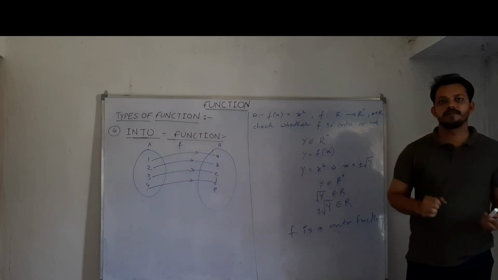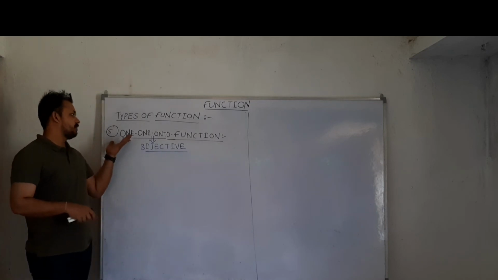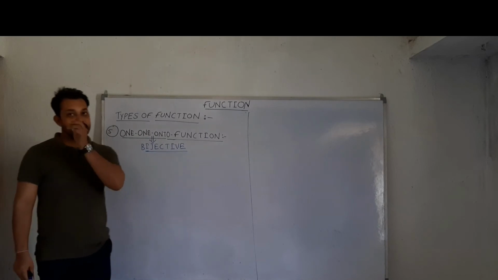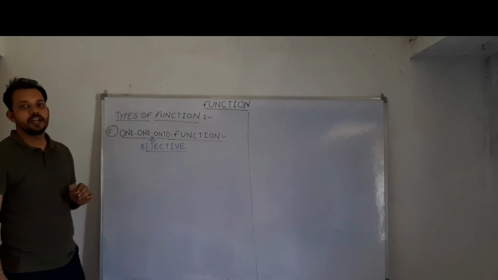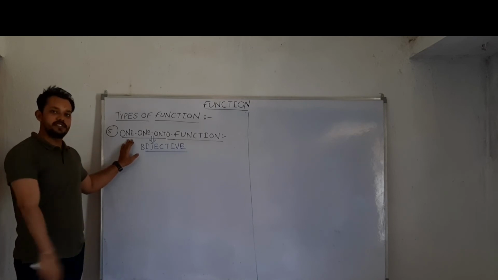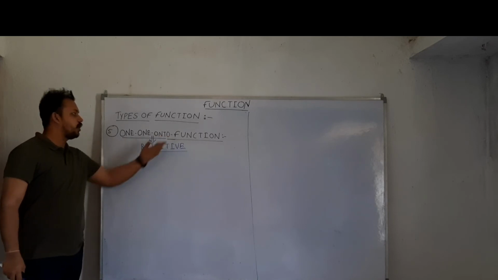Now the fifth type of function we have is the 1-1 onto function. As we can see from the name, this function is a combination of the above two types, that is 1-1 type and onto type.